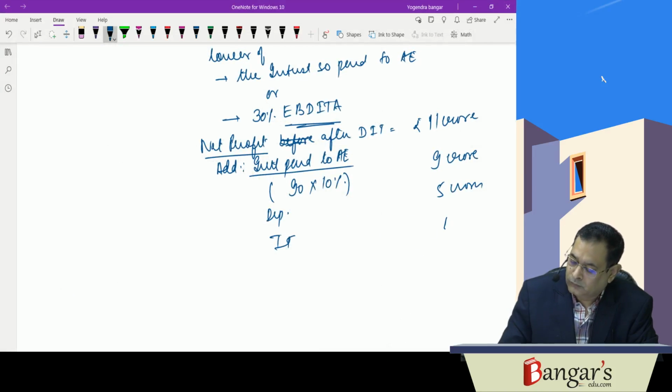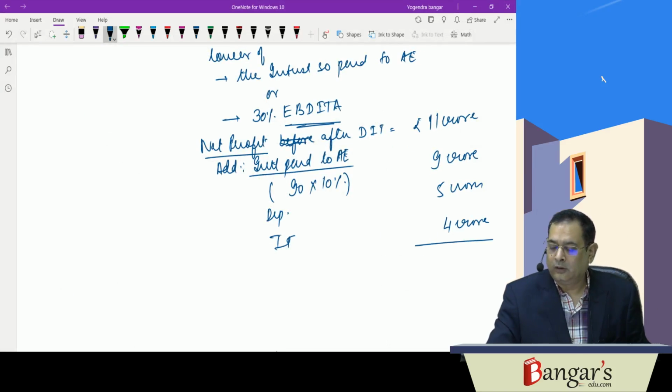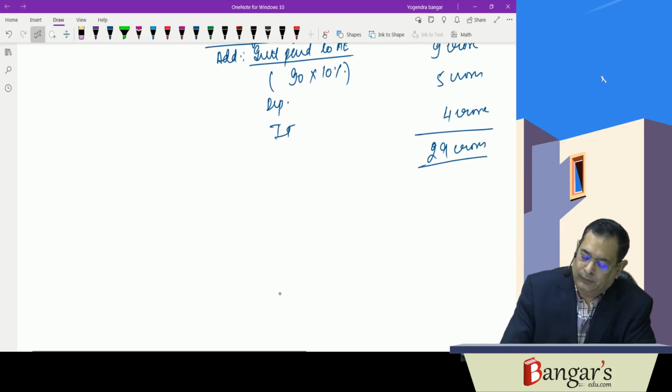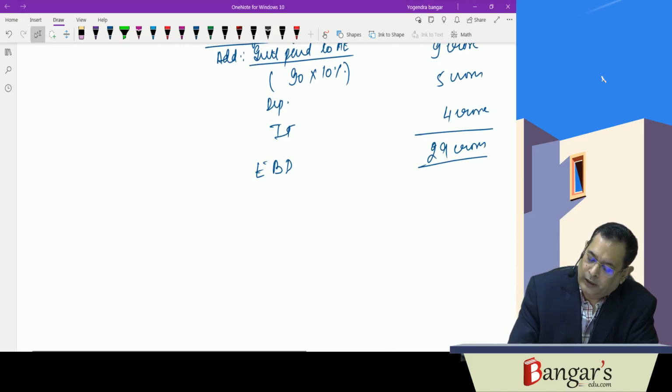So it works out to be 29 crores, which is the earnings before depreciation, interest, tax, amortization.